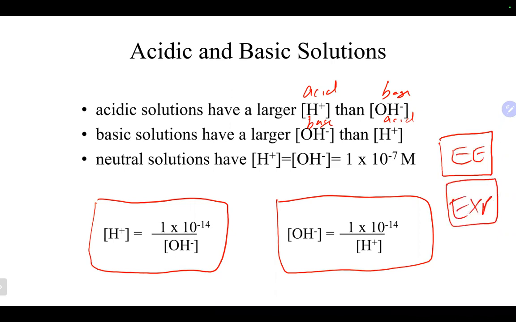Otherwise, you are going to be off on a lot of these calculations. So you want to punch in something like 1 times 10 to the minus 14: a 1, the exponent button, the negative button, and 14. Make sure that is how you punch these things in.